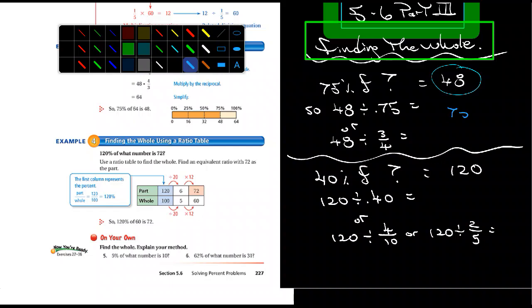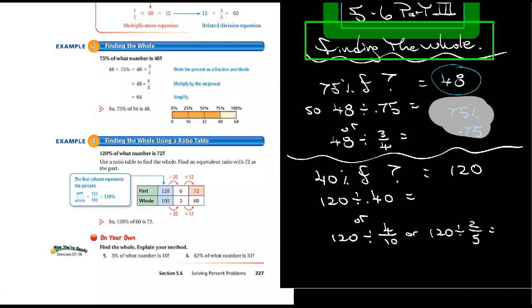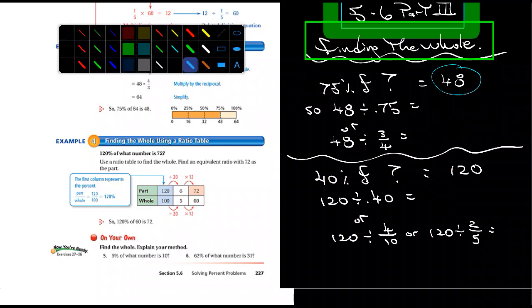Remember, 75%, if we wrote it as a decimal, would be 0.75. And that's what I did there. I put 0.75.